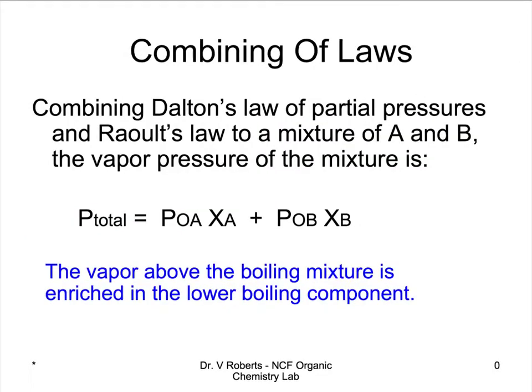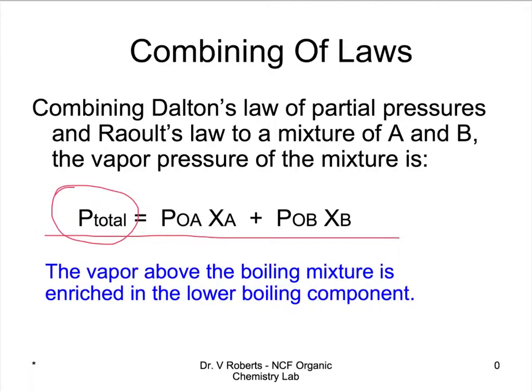And so in order to figure out the total pressure experienced or observed by our system, we use the combination of both Dalton's law and Raoult's law.